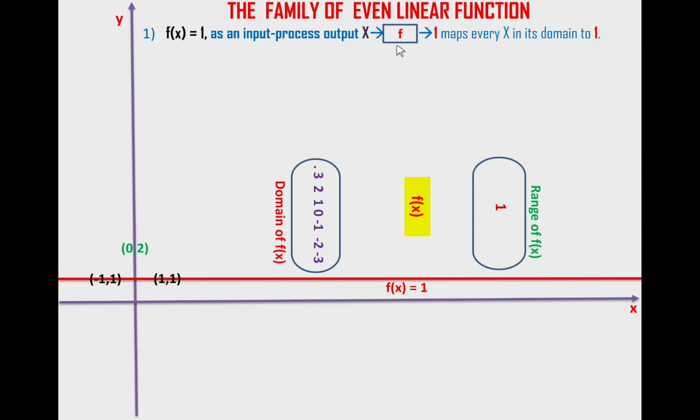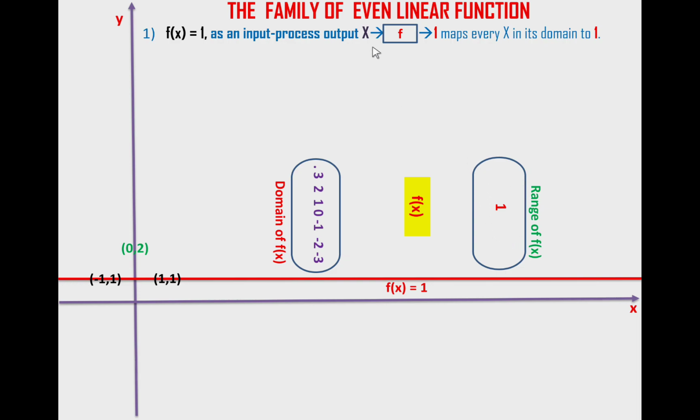If we compare this IPO model to the modeling of functions in calculus, the input will be coming from the domain, and the function will map that input from the domain into an output in the range.